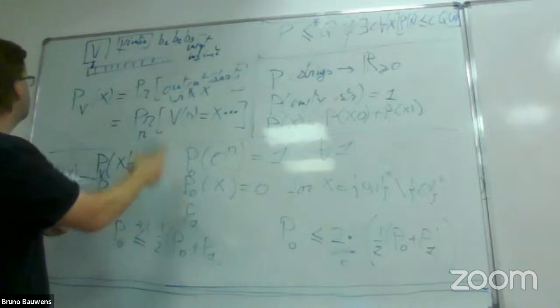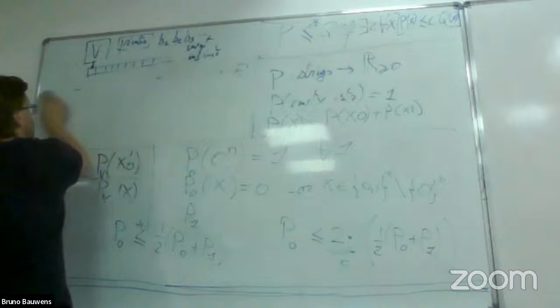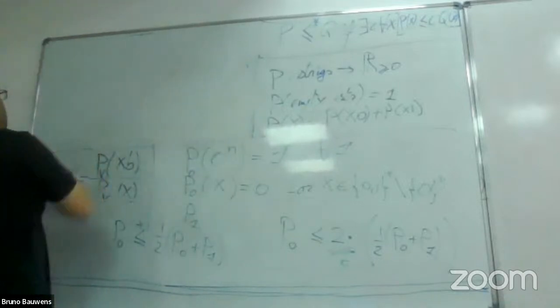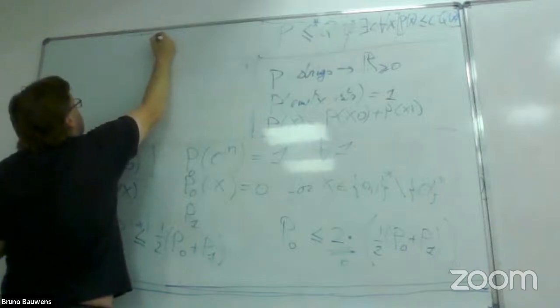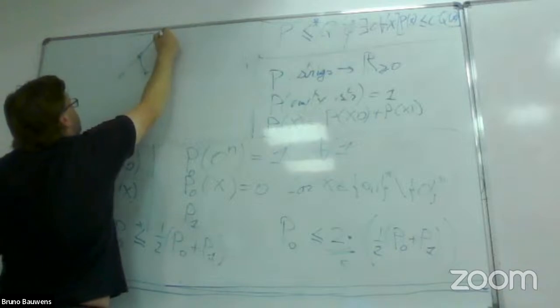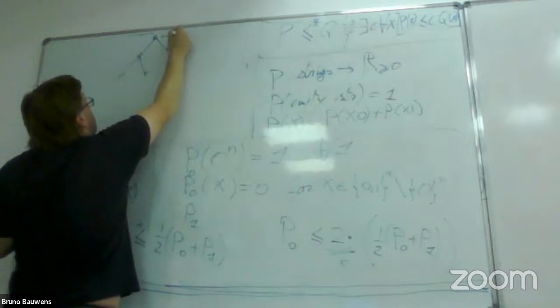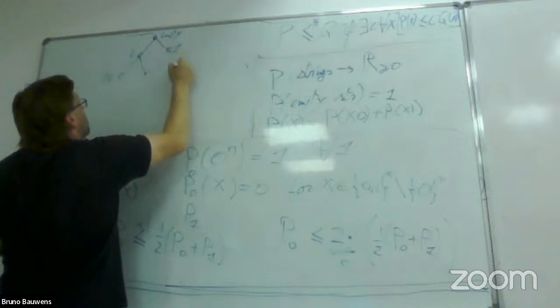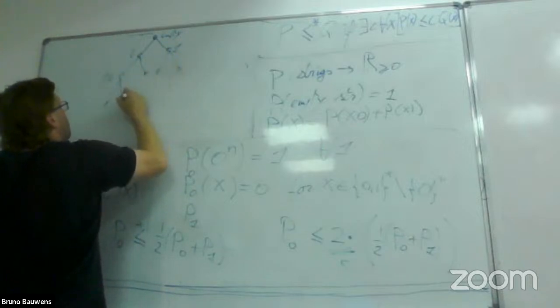And so we can represent measures on a tree. So here we have the empty string, 0, 1, 00, and so on.